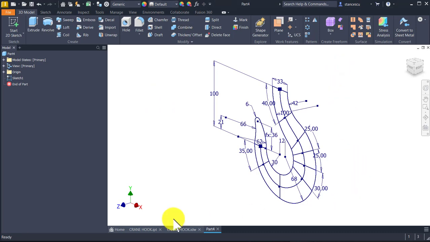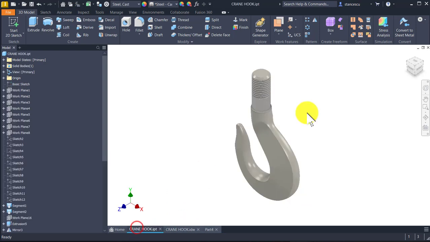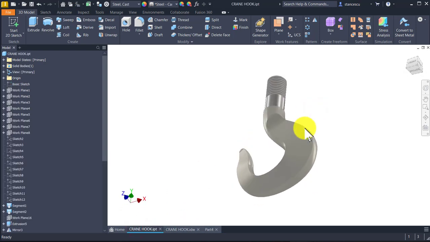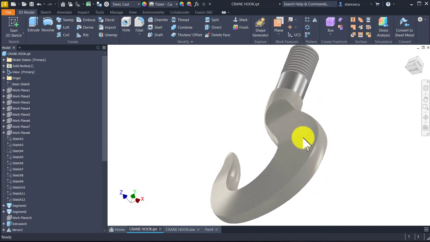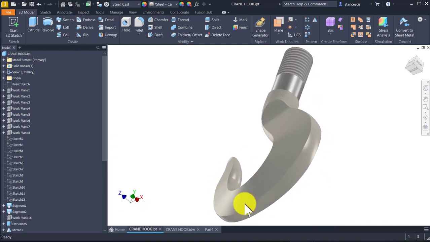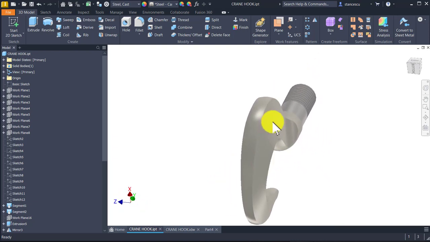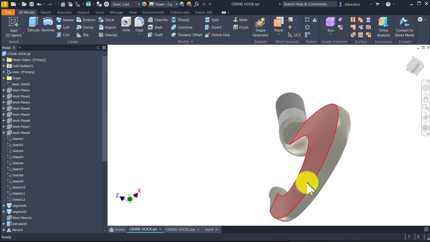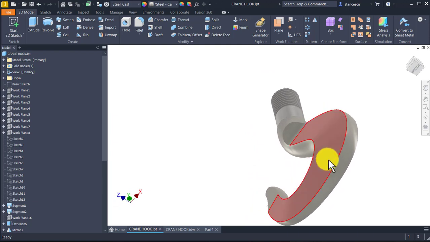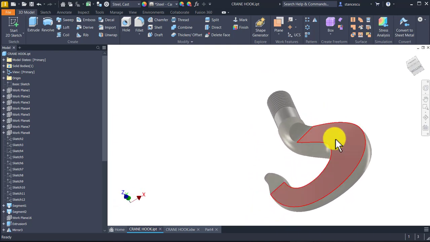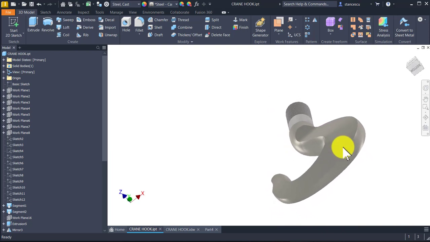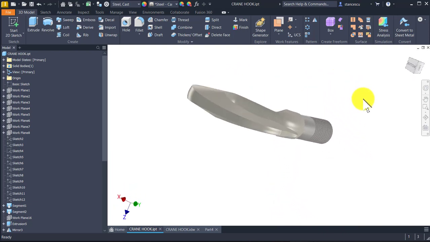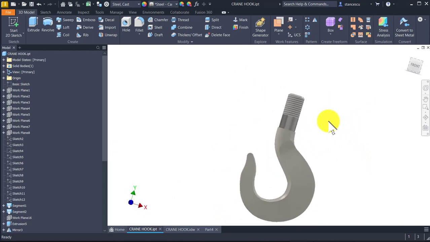We have to study a little the drawing and the part. Let's start with the part. You see, there are two faces, this one and this one, which are not plane. They are curved, very different from what we used to make in a drawing, in a modeling.